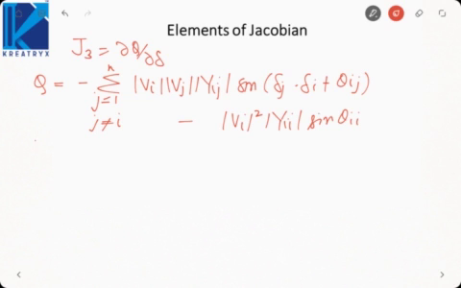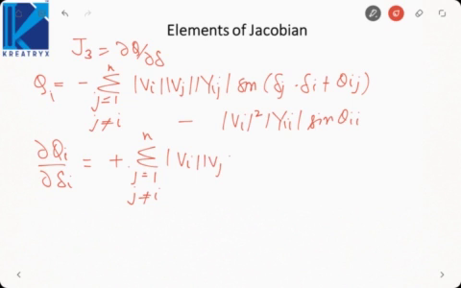Now if we wish to calculate the diagonal element ∂Qi/∂δi, this will be minus summation j equals 1 to n, j not equal to i, then the derivative of sine will be cos, so it will become plus cos(δj − δi + θij).